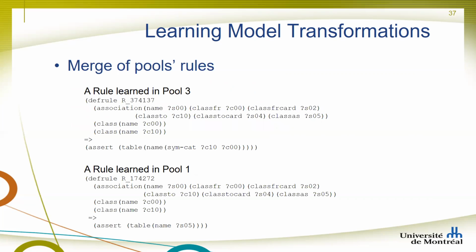Okay, an example. I have these two rules with exactly the same source pattern but different conclusions. In one, I just create one table and concatenate the names of the two tables, and in the second, I create a separate table.